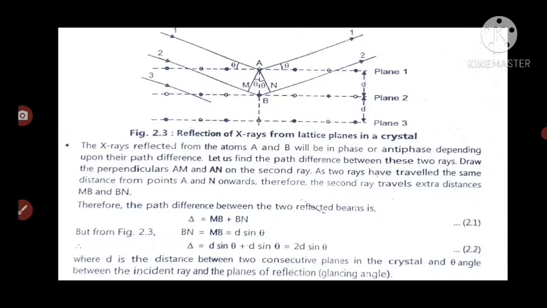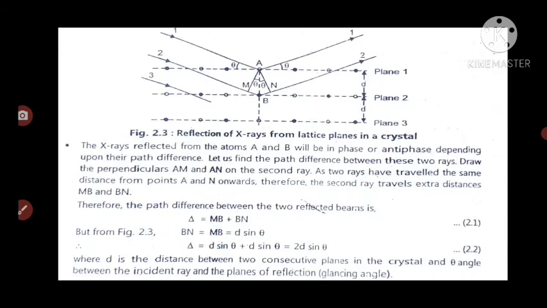The first ray is incident on the point A, making an incident angle theta, and is reflected along the first path. Then the second ray is incident on the point B and is reflected along the second path. Here we see the geometrical construction drawn from point A to point B, meeting at M and N.